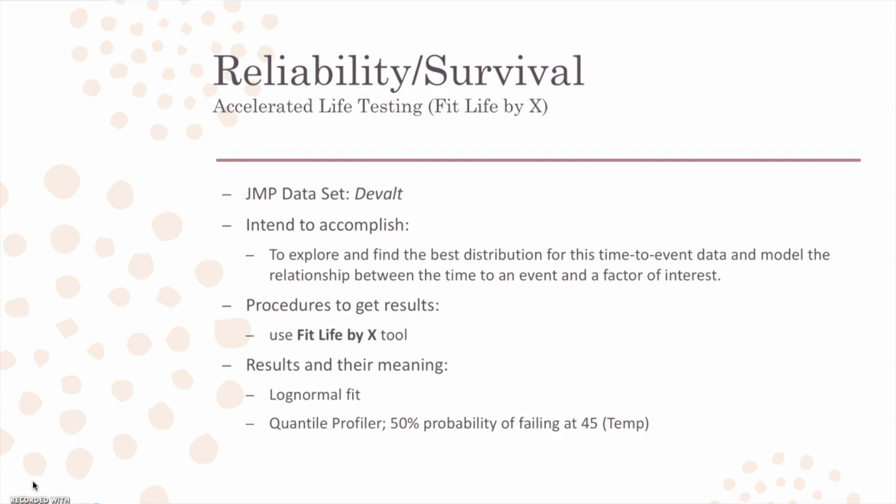And so some results that we found were that the log normal fit the best, same with the previous data type that we used, and the quantile showed that it was at 50% probability the default will be failing at a temperature of 45.